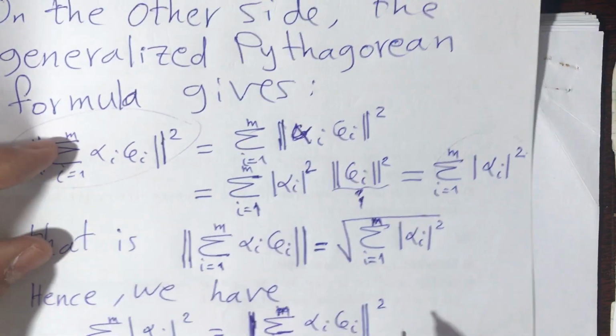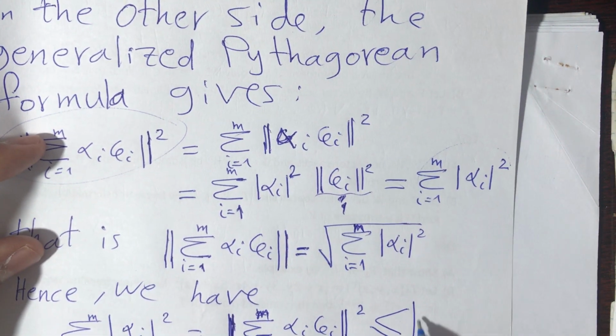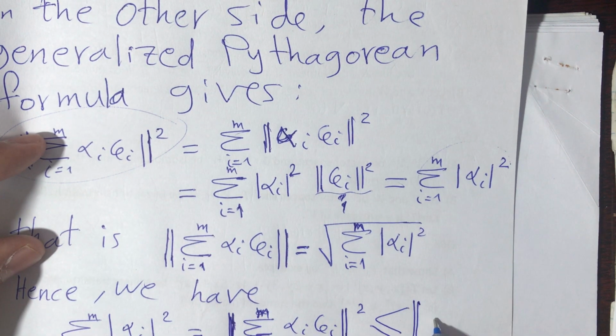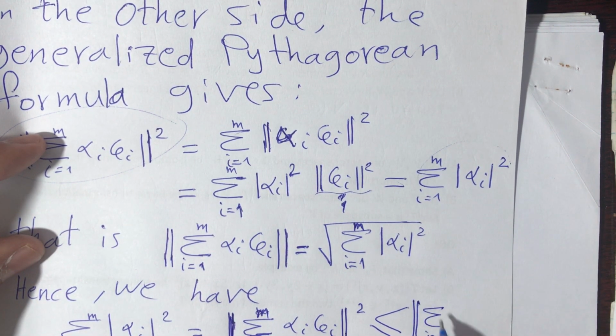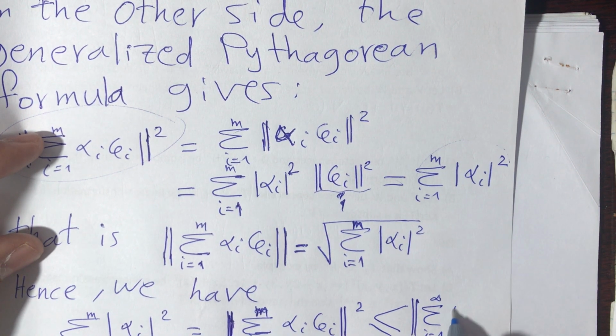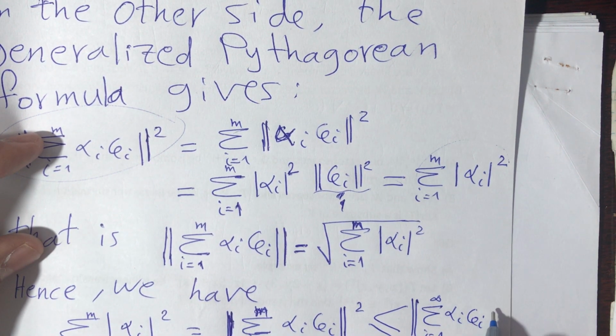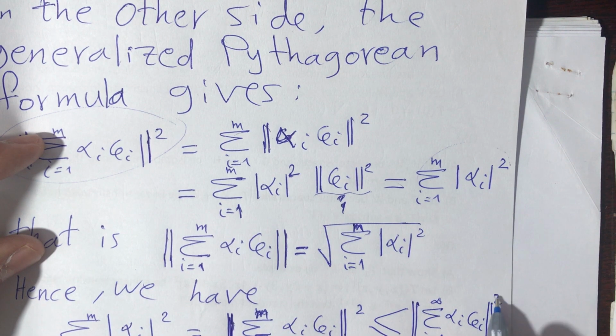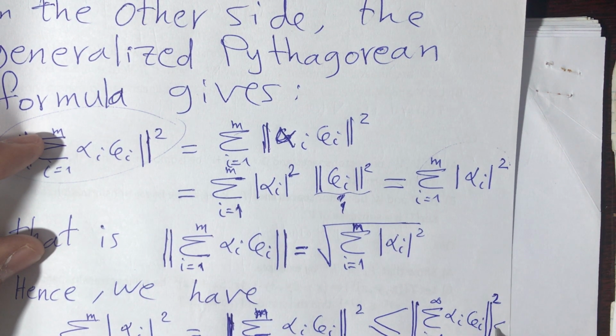Also, of course, this is less than or equal to the norm of the summation I from 1 to infinity of alpha I phi I, squared, and this is less than infinity.